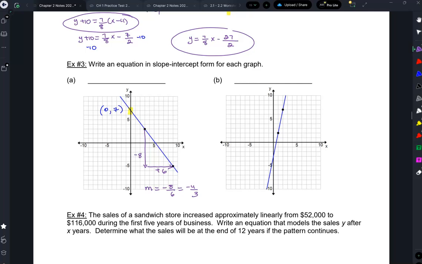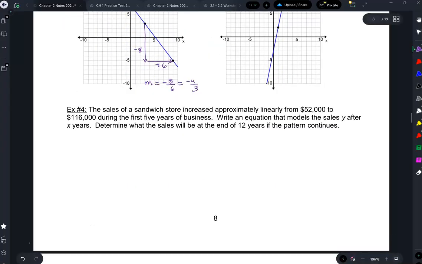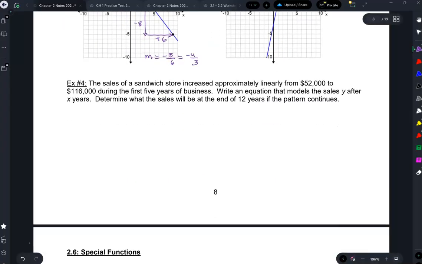The equation of the line in slope-intercept form is going to be y equals negative 4 over 3x plus 7. Okay? All right, so go ahead and do the other one. So y equals 5x minus 3. Okay, awesome.